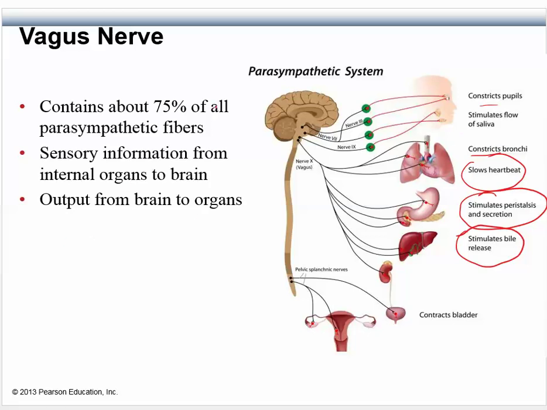Okay, so the vagus nerve controls a huge amount of this parasympathetic system. 75% of all parasympathetic fibers are actually from this vagus nerve. And it just exits here from the brainstem, and it runs out, and then it branches to lots of different areas.